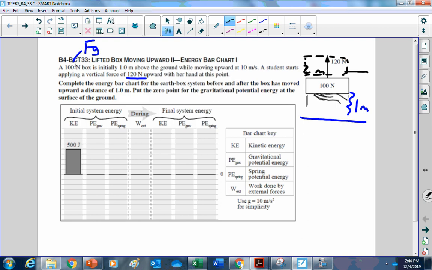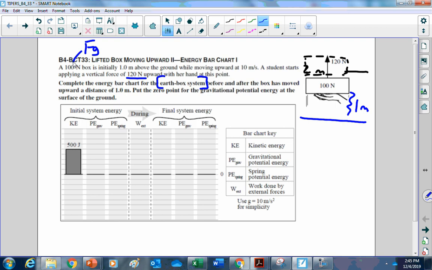And we're considering our system to be the Earth and the box. That's important because that's why we're talking about gravitational potential energy, and we're saying that gravity is not doing any work, because gravity would be a force internal to the system. So work is only done by outside forces.